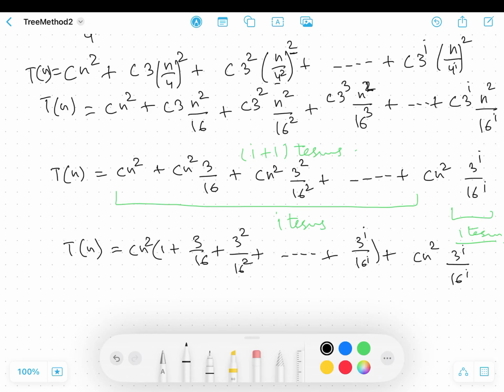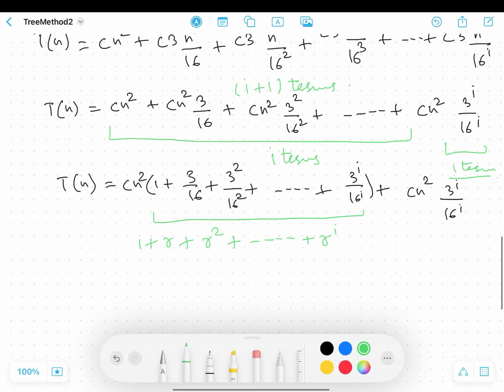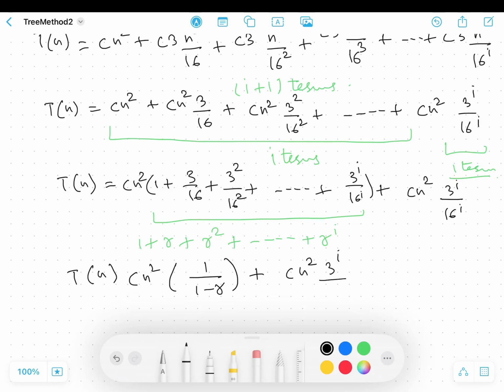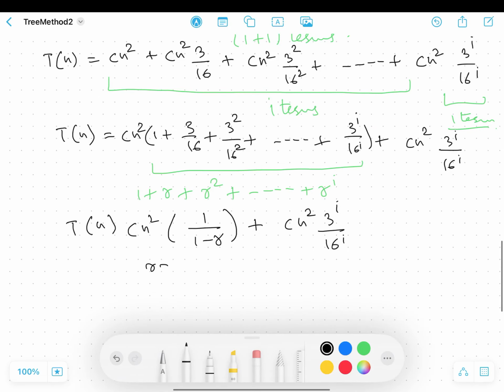a geometric series, and this sequence is 1 plus r plus r square. All right, the sum is one upon 1 minus r, and r is equal to 3 upon 16.